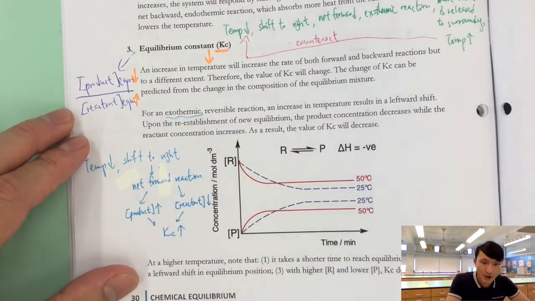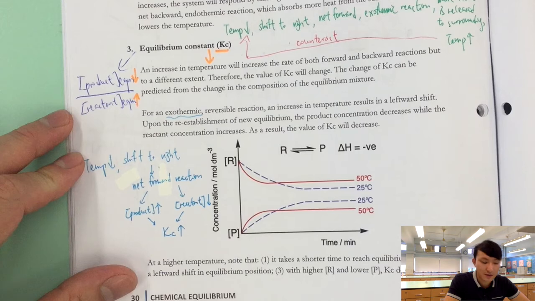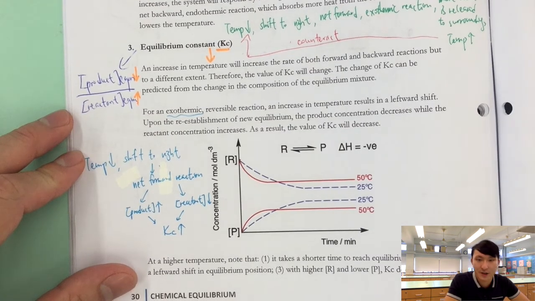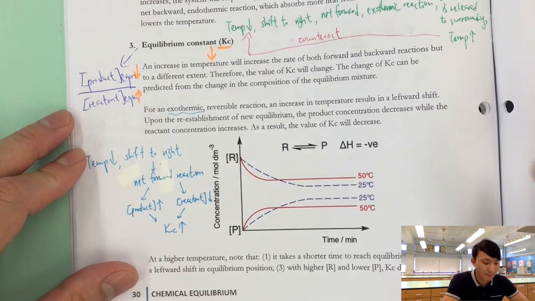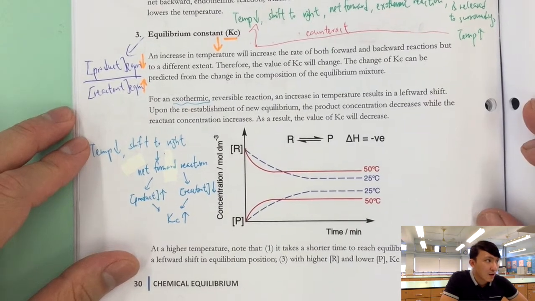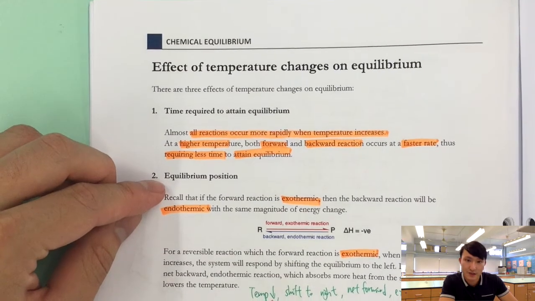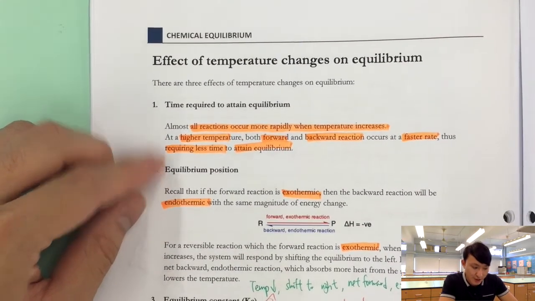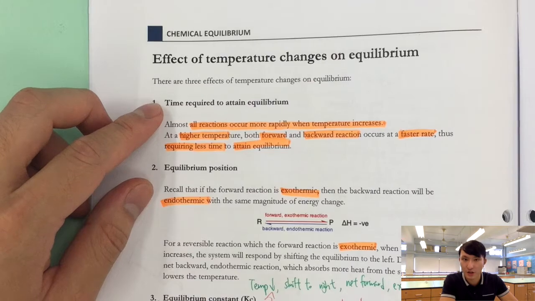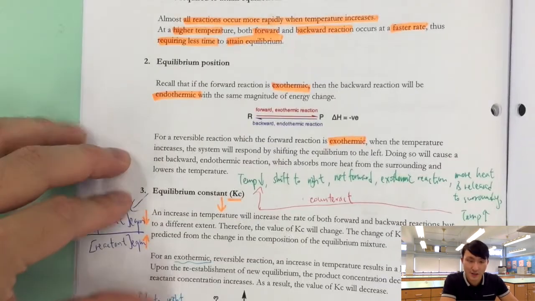Okay, so this is how you predict the Kc changes when there is a temperature change. Now, so three effects that you have to consider when there's a temperature change. Okay, the time required to reach equilibrium, the equilibrium position, and also Kc.